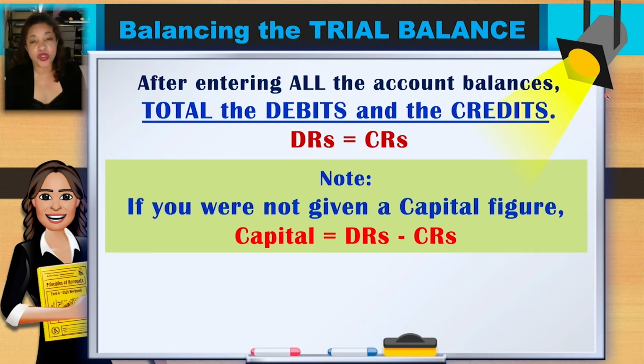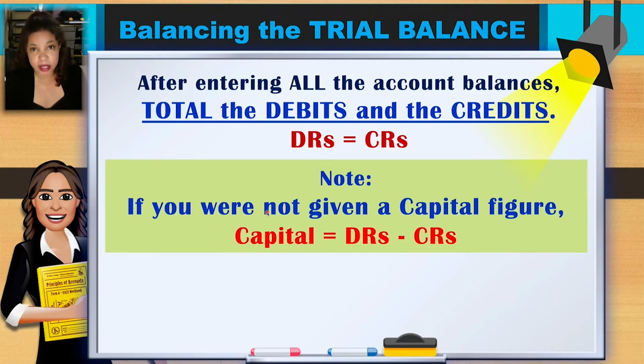If you do not see capital, there is always capital. So once you do not see an actual amount for capital, or you don't even see the name of the account, you're going to put capital in your trial balance.